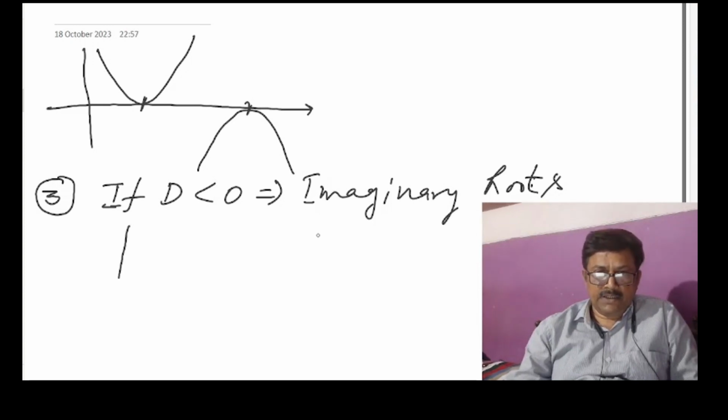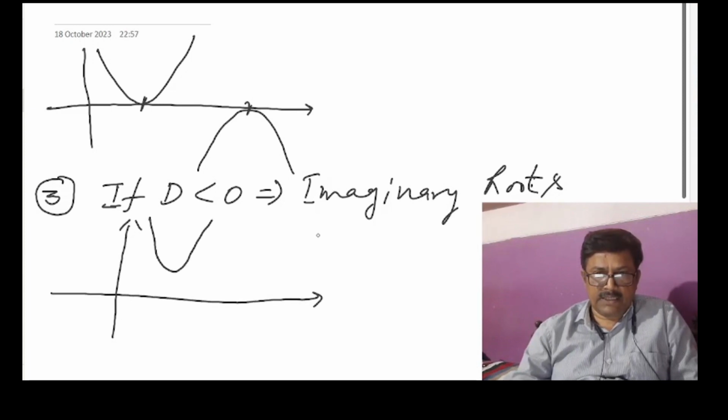It means the graph will never cut the x-axis. The graph may be like this or like this, depending on A. If A is positive, opening upward; A negative, opening downward. But here we are only discussing the discriminant. So if the discriminant is negative, it means imaginary roots, no real root, so for no real value of x will y be 0.